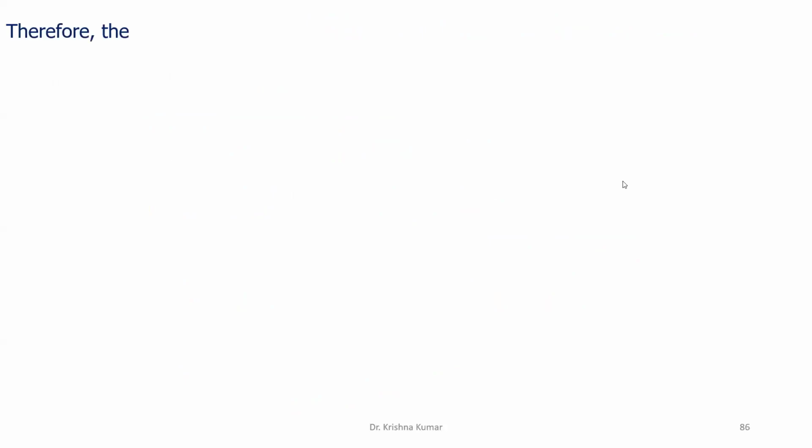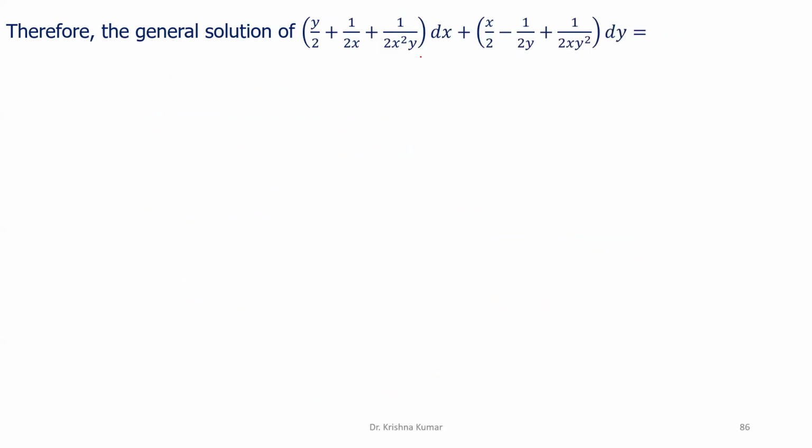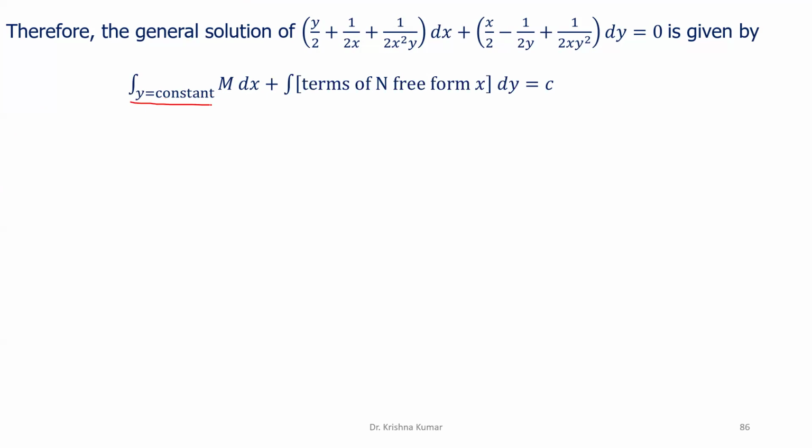Therefore, the general solution of the given differential equation, y by 2 plus 1 upon 2x plus 1 upon 2x square y into dx plus x by 2 minus 1 upon 2y plus 1 upon 2xy square whole multiplied by dy equal to 0, is given by the integration of M with y constant with respect to x, plus the integration of the terms of N free from x with respect to y, which is equal to c.